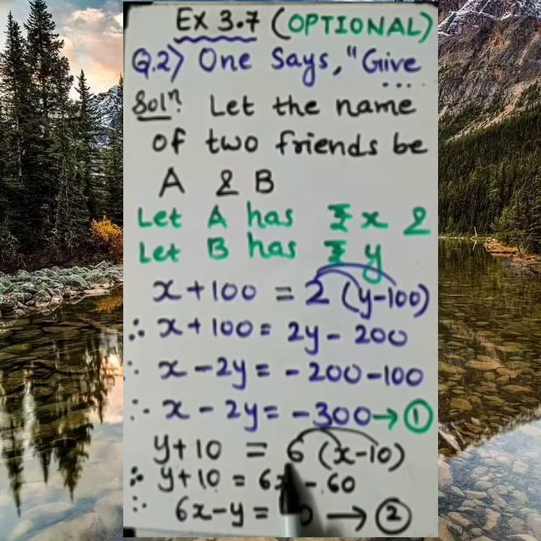So it indicates 6x minus 60. Now as we know, this 6x I am keeping on the right side, and this y I am bringing to this side, so it becomes minus y. And of course this minus 60 goes to the left side. So 10 plus 60 gives the result 70.